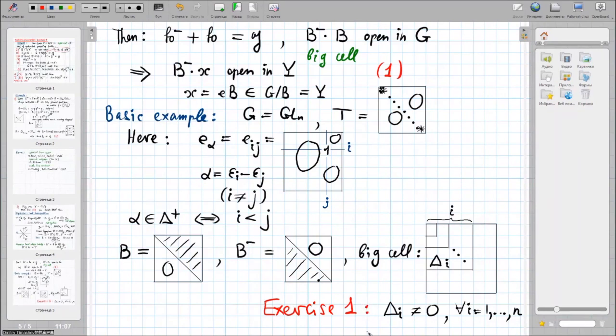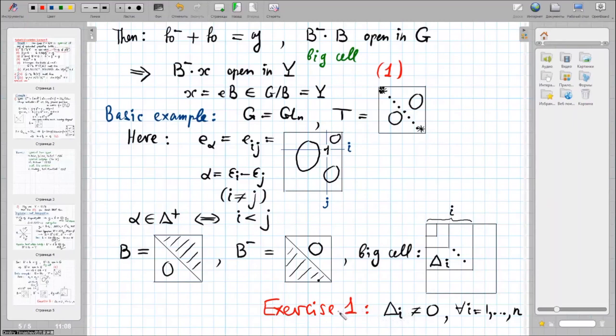Anyway, I formulate each exercise explicitly during the lecture. If you are not sure about the formulation of some exercise, you can turn on the video and listen to my formulation. I also hope that most of the formulations are explicit in the notes, but for this exercise it is not quite explicitly written.